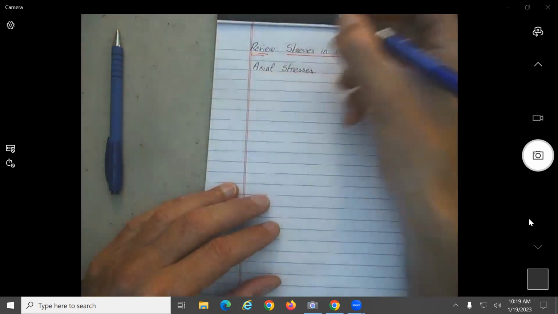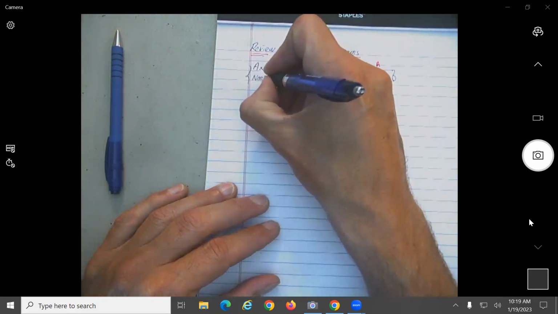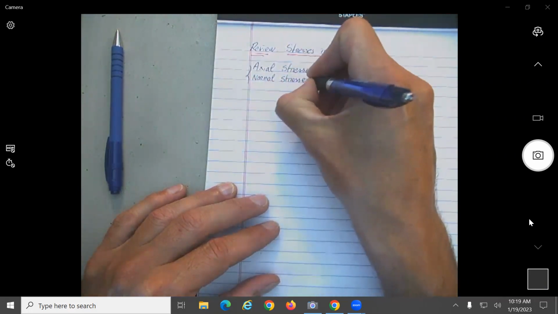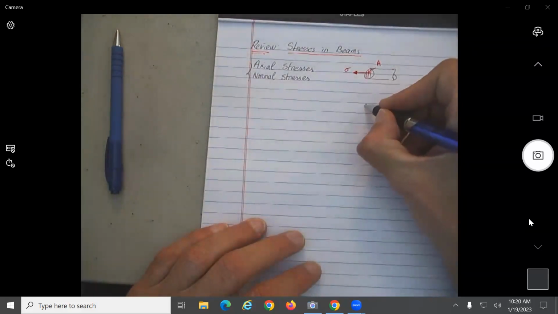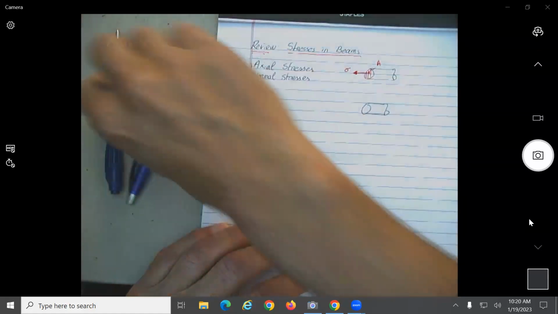Since we're talking about notation, it might be easier to call this one normal stresses, because it will be normal to the surface, no? What would be the other option for the stresses? We do the same figure.